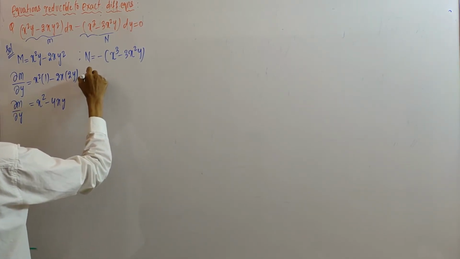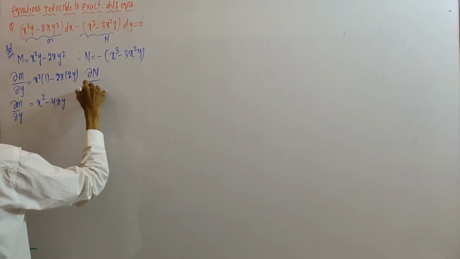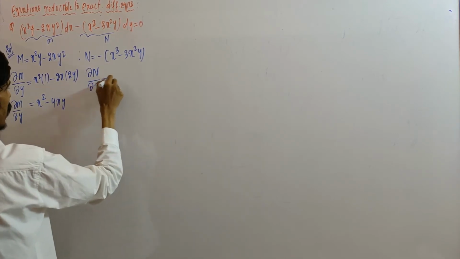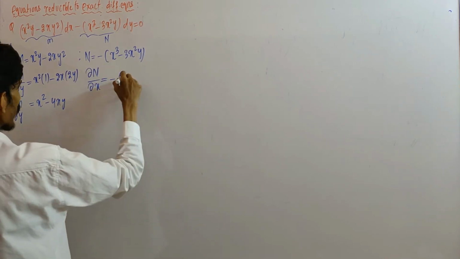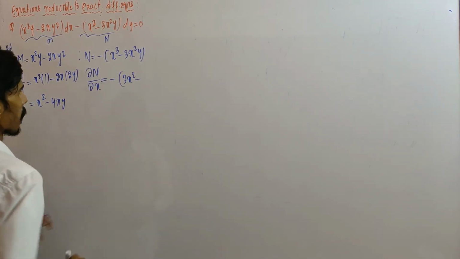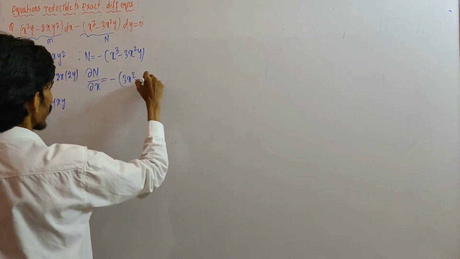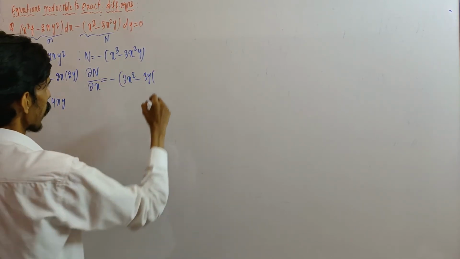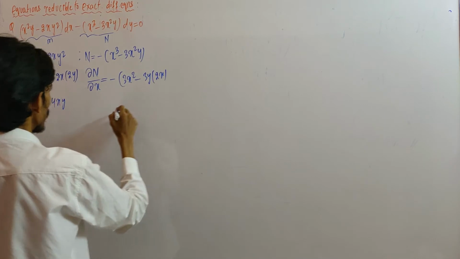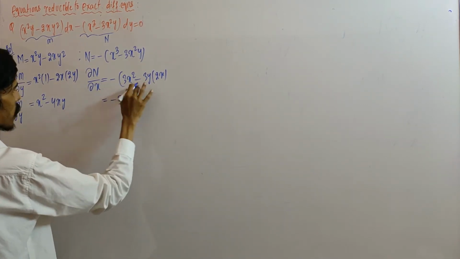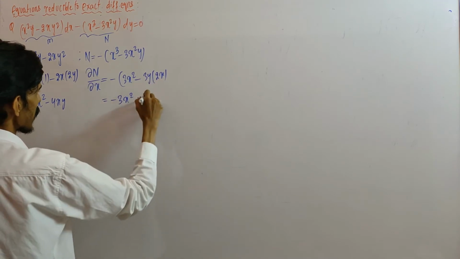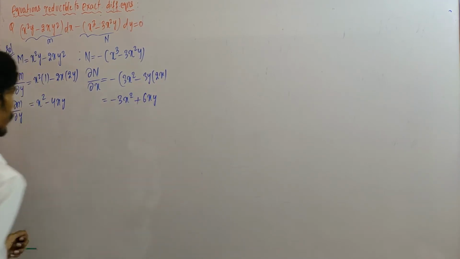Similarly, differentiating N with respect to x. Here we have minus sign outside. Derivative of x cubed is 3x squared, 3y is a constant. Derivative of x squared is 2x. So this will become minus 3x squared, minus into minus plus 2 into 3 is 6xy.